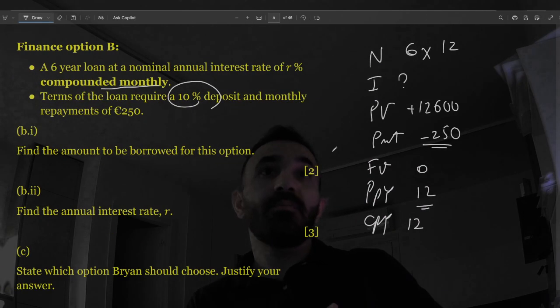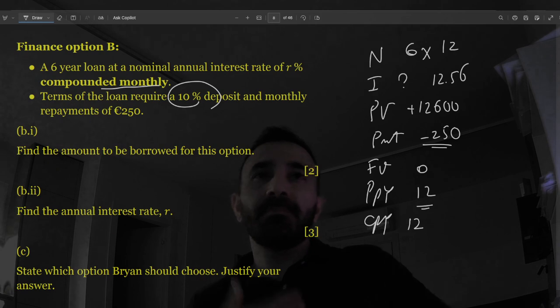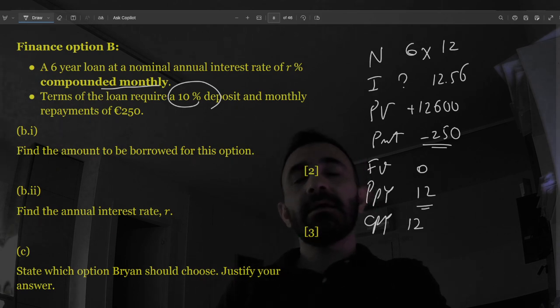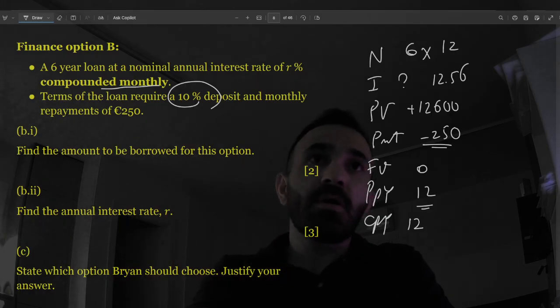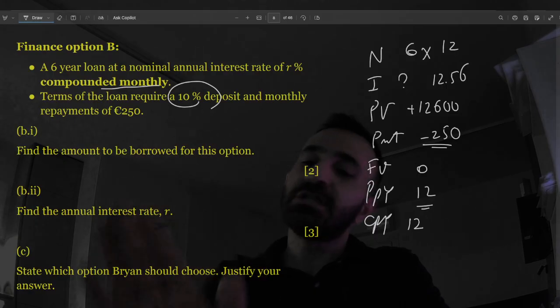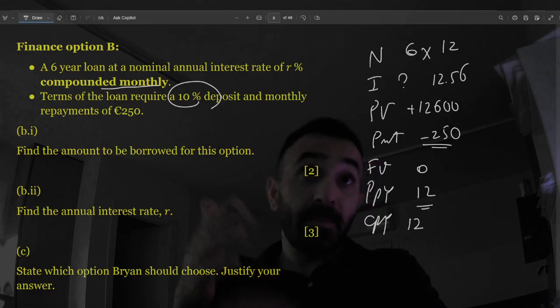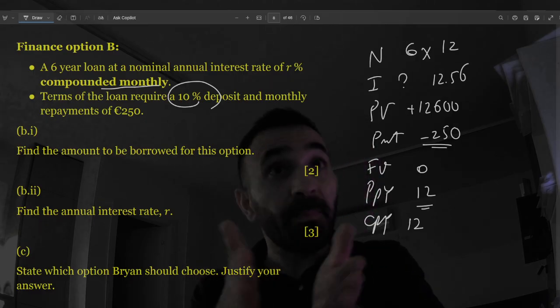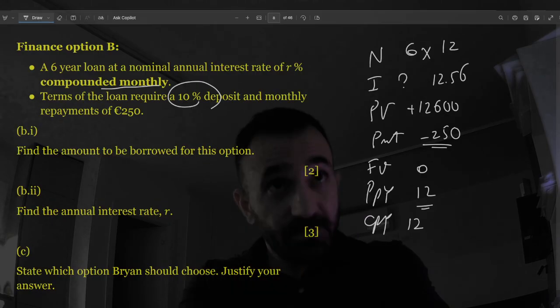Yes. Press enter. 12.56. So can I recap option B? Option B is telling you that you're going to pay 10% of the price of the car at the beginning. So it's your problem. Do you have it? Yes, I do. I give it to you. Okay. So for the rest, which is 90% of the price, I'm going to give you this money.